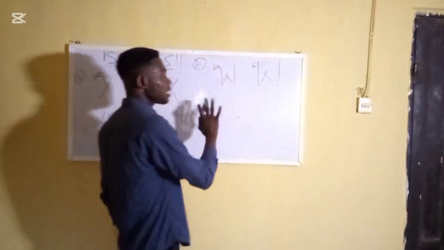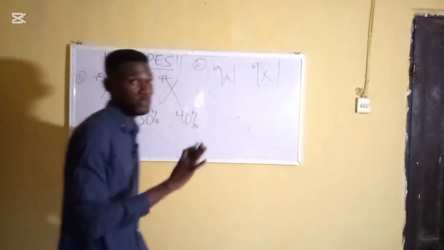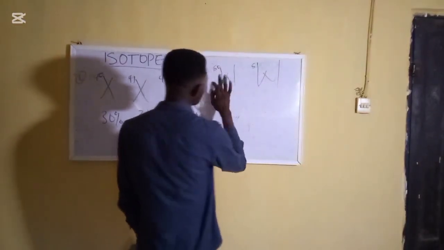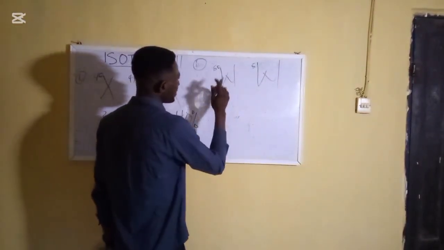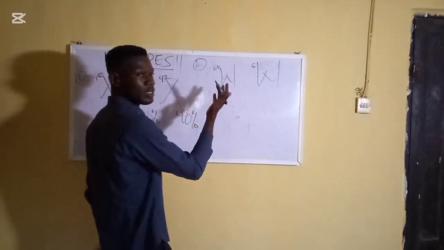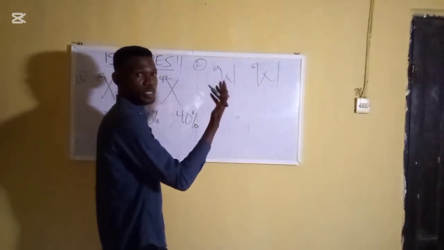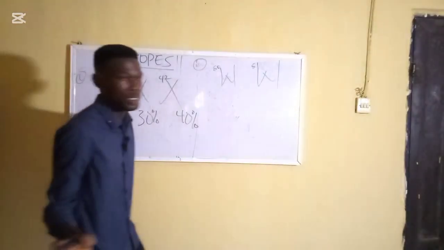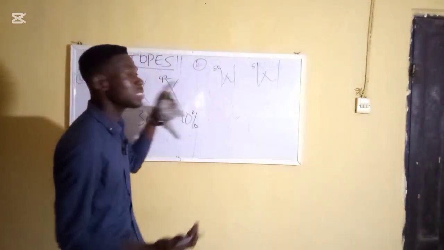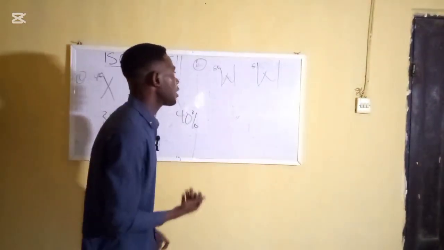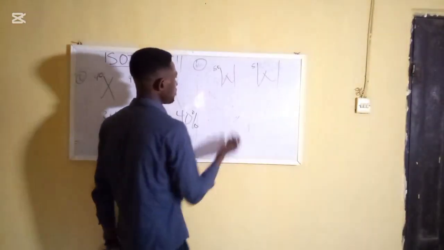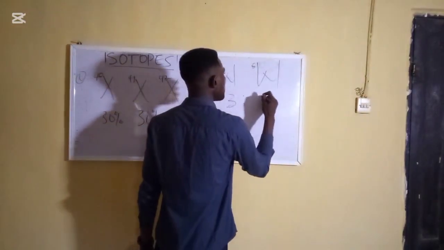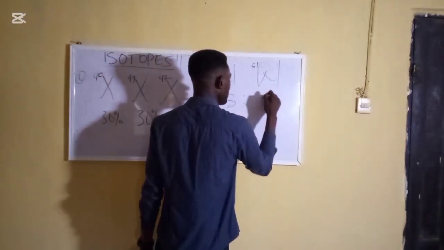This is not the mass number of tungsten, for clarification purposes. We all know that the atomic numbers are going to be the same. That's why I'm not representing anything down here since we are not even working with it. So now let's say their ratio happens to be 3 ratio 1.